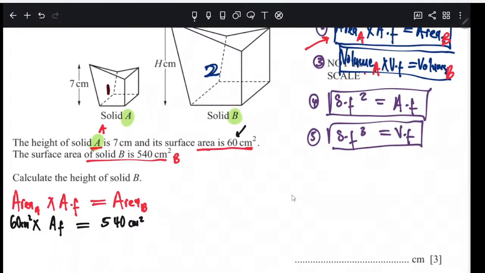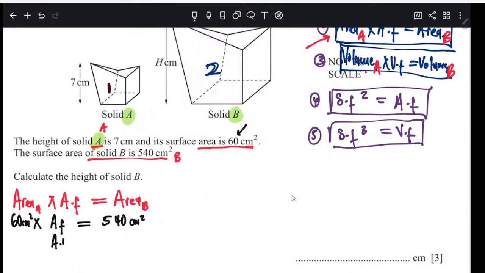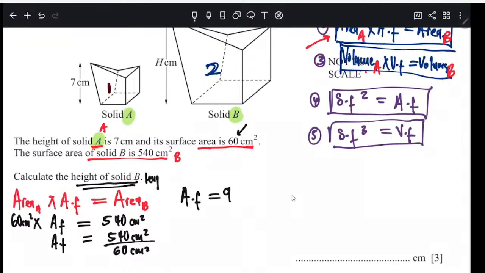Now let's find area factor, class. Area factor is equal to 540 centimeters squared divided by 60 centimeters squared. What is area factor? 9. So area factor is 9. Now they want the height of something, which is a length. The only way you can get lengths is if you know the scale factor.